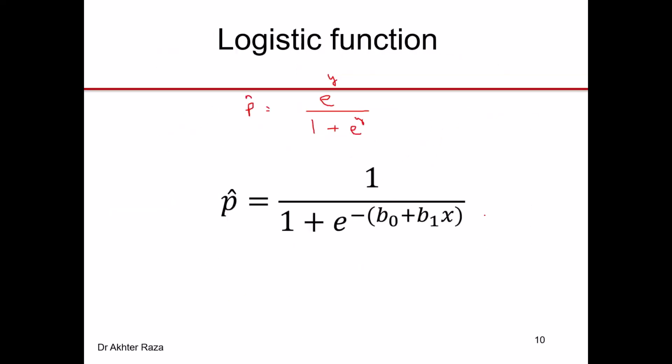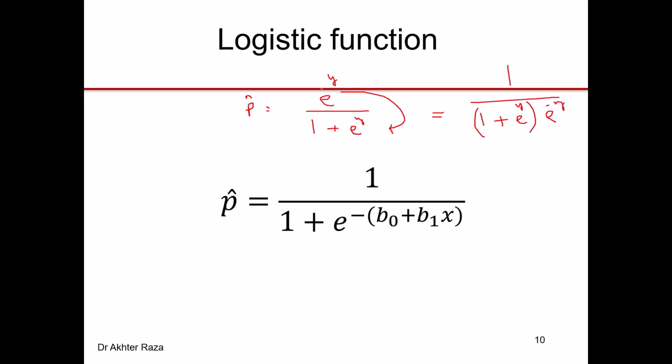Very simple. If I take e raised to the power y in the denominator, I can write down this function as 1 upon 1 plus e raised to the power y into e raised to the power minus y.